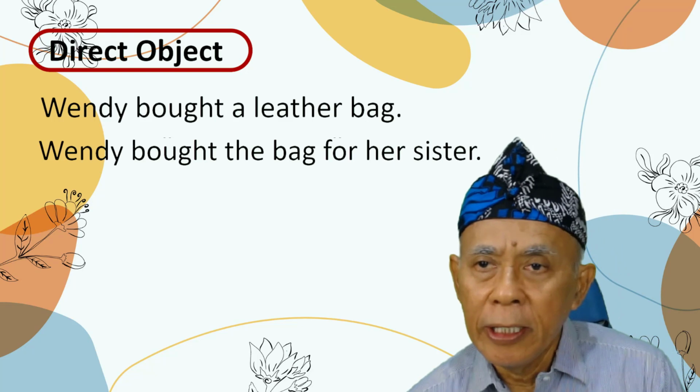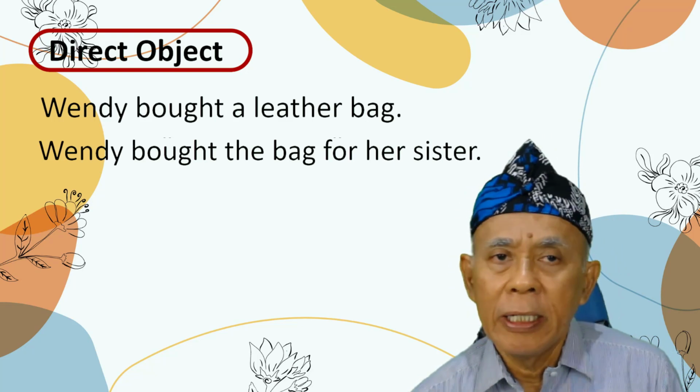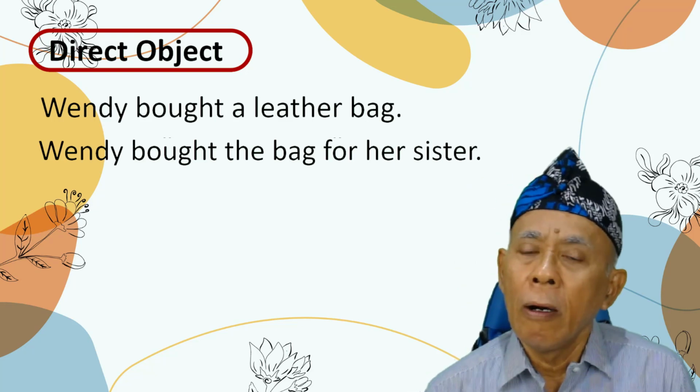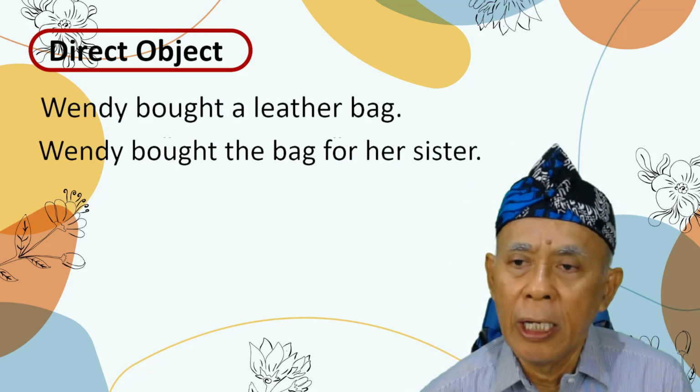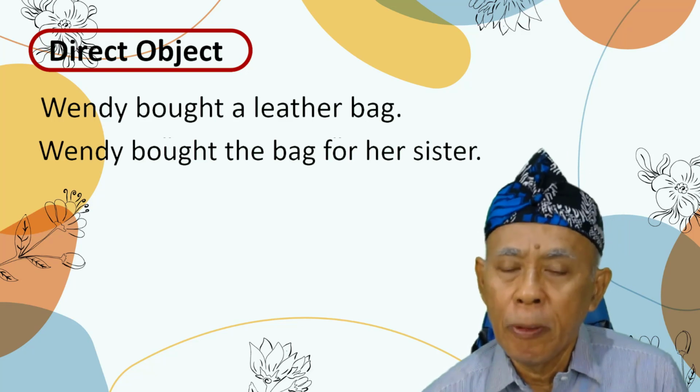It's the entity, the object to which the action, the buying action, is directed. Her sister here does not become the target. It's the person or entity who benefits from the action.